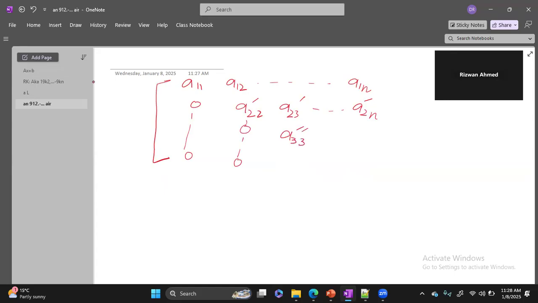Let me write it with a double prime, which means it has been updated twice. One with the row operation defined with the first row, and the second time it was changed with the second row operation. So it is this notation, right? And now we are to bring zeros below A33, right? So you can see the pattern.